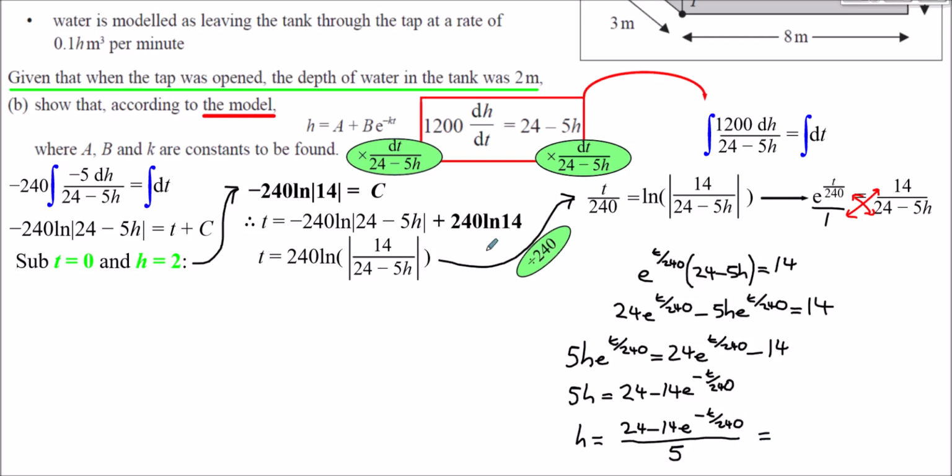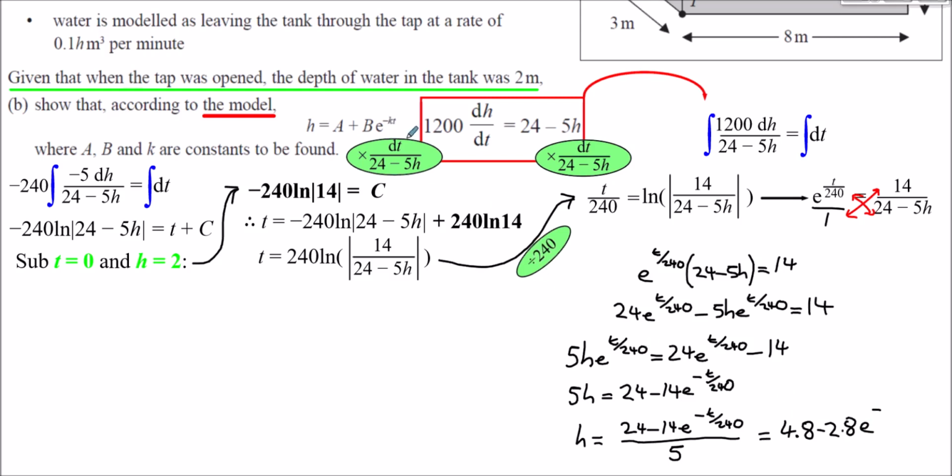Now I want it in this form here. So 24 divided by 5, of course, is 4.8. So I'm going to give a as 4.8. Then minus 14 over 5, that's the same as minus 2.8. That's minus 2.8, e to the minus, I've got a minus sign, good.